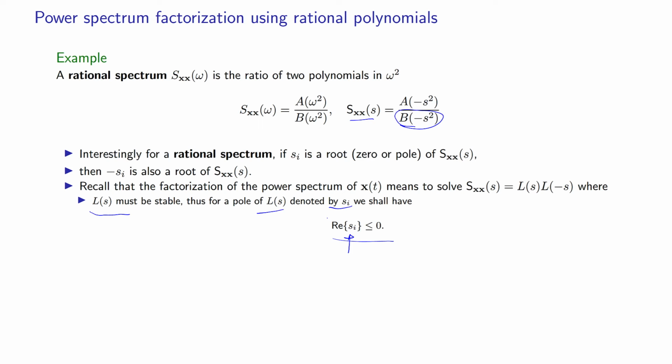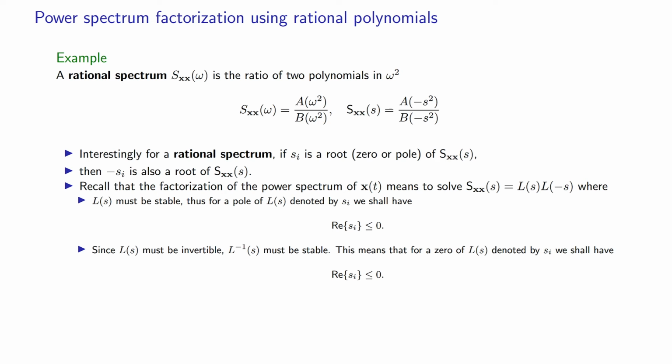Also, because L of S must be invertible, 1 over L of S must have similar properties. So the real parts of zeros and poles of L of S should all be on the left side of the S-plane.